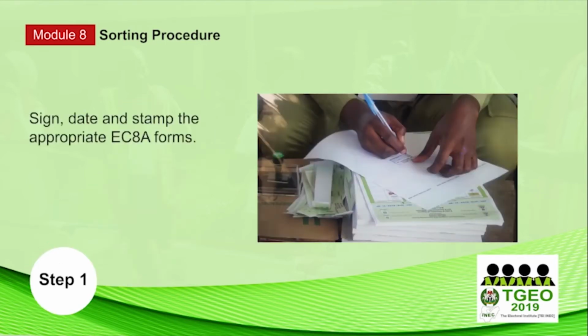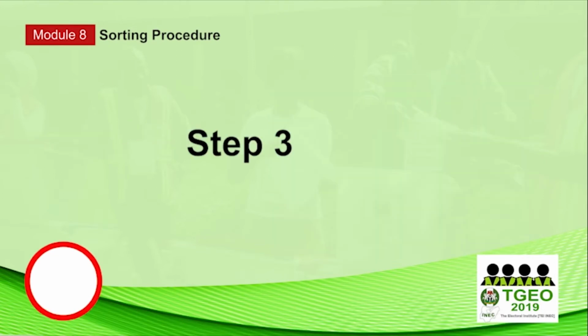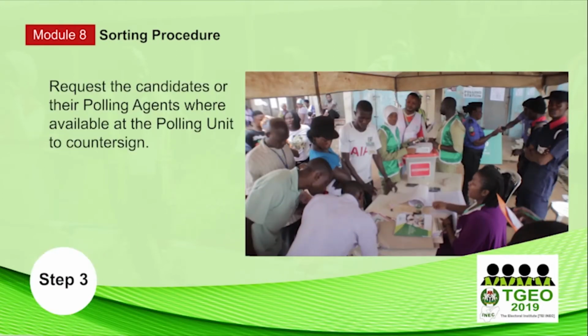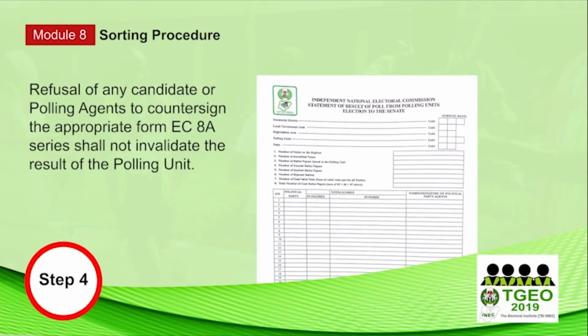Sign, date, and stamp the appropriate EC8A forms. Step 2. Announce loudly the votes scored by each political party. Step 3. Request the candidates or their polling agents where available at the polling unit to countersign. Step 4. Refusal of any candidate or polling agent to countersign the appropriate form EC8A series shall not invalidate the result of the polling unit.